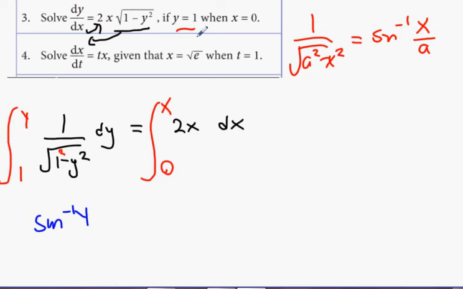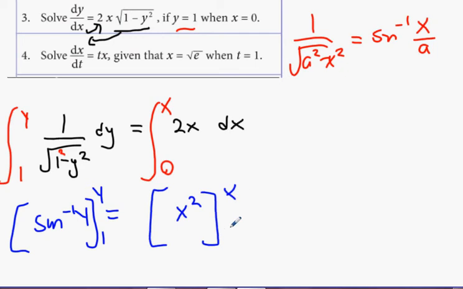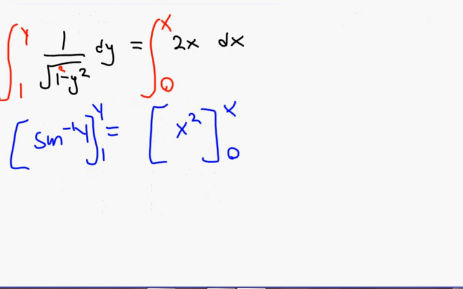Then after that, equals integrate 2x, which is x squared, and that is from y to 1, and this one is from x to 0. Okay, now guys, what do we get next?